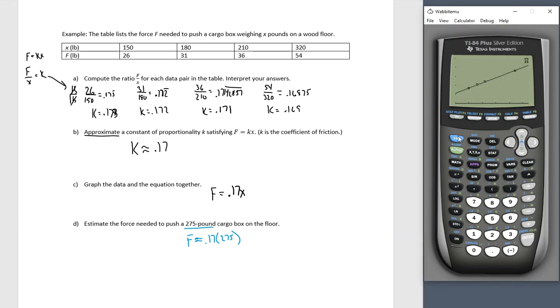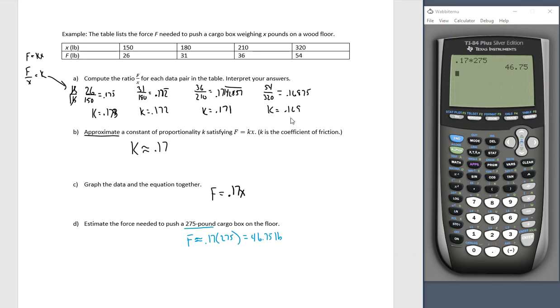Coming back to our calculator, 0.17 times 275 gives us 46.75 pounds, approximately.